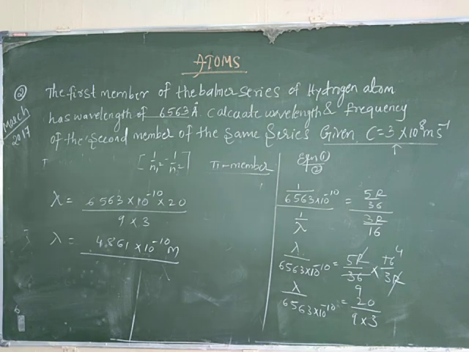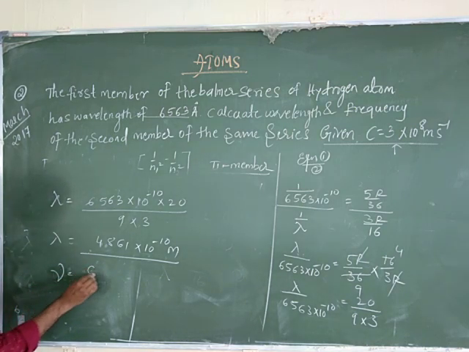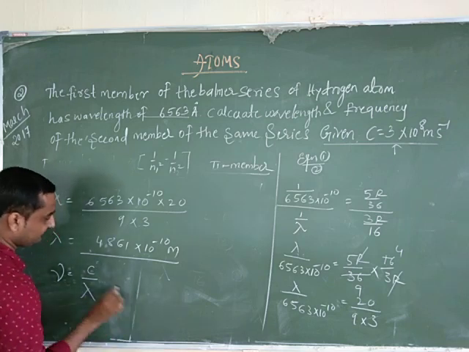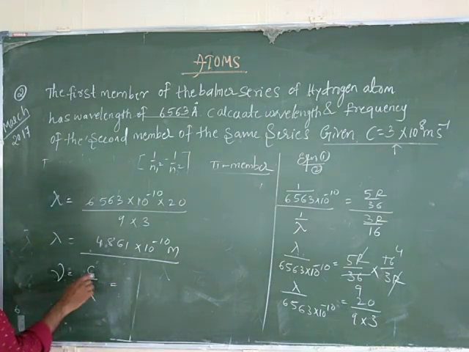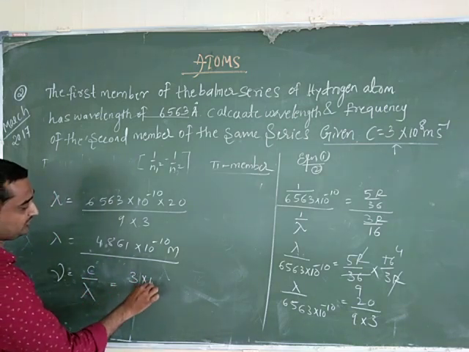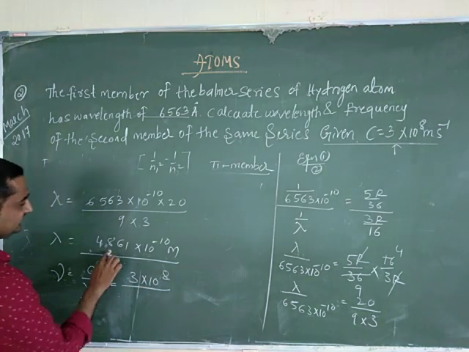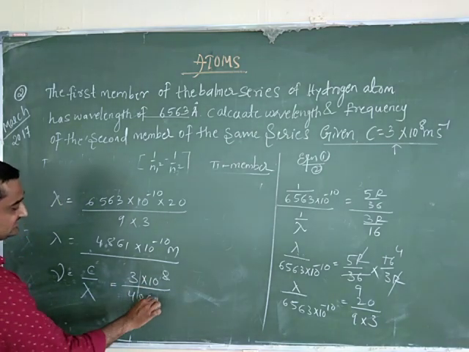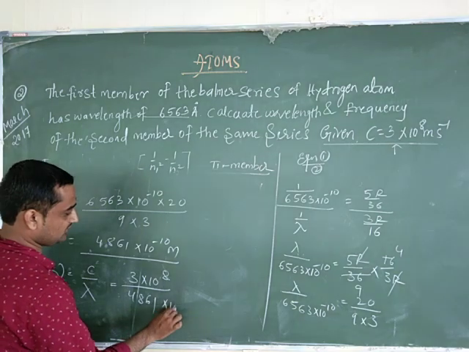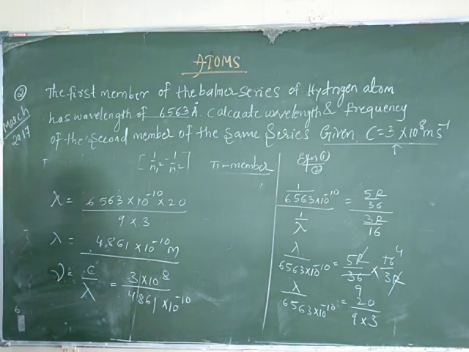Now we can calculate the frequency. Nu is equal to c divided by lambda, which is 3 into 10 to the power 8 divided by 4861 into 10 to the power minus 10.